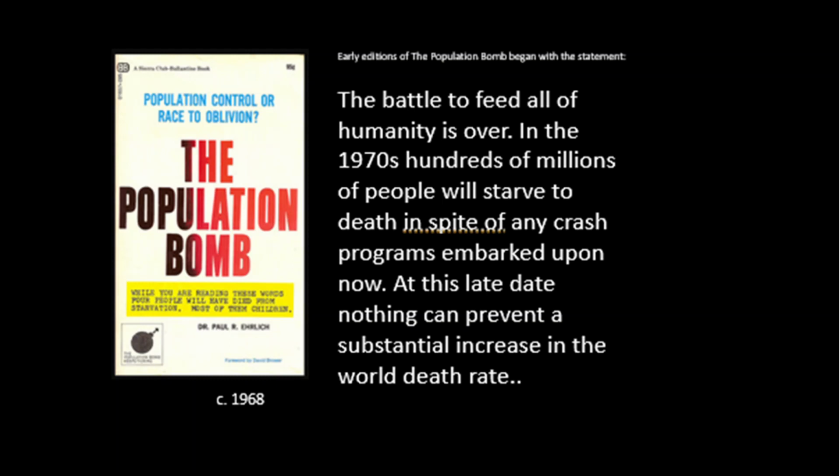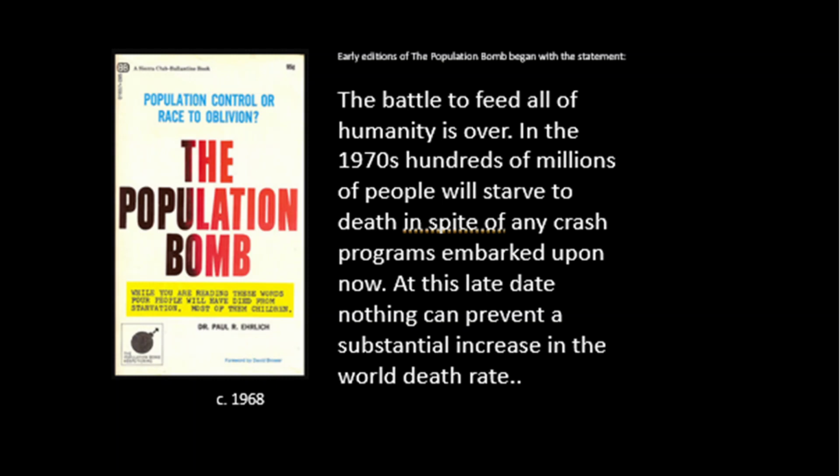And at this late date, nothing can prevent a substantial increase in the world's death rate. Now, all of you are raised on a steady diet of fear. This thing is happening. The world is over. It's just a matter of time.